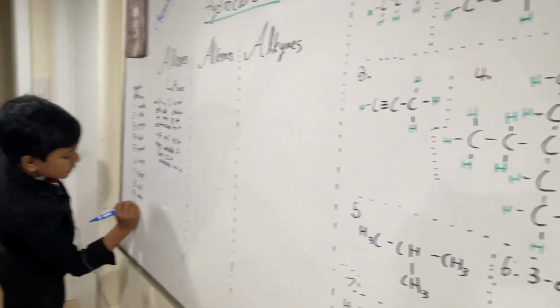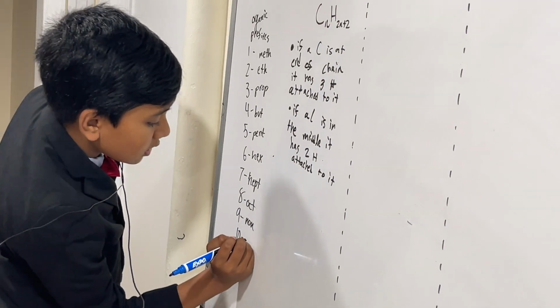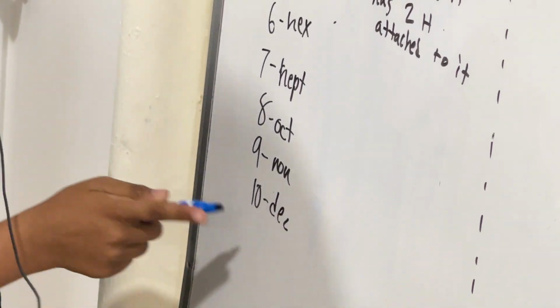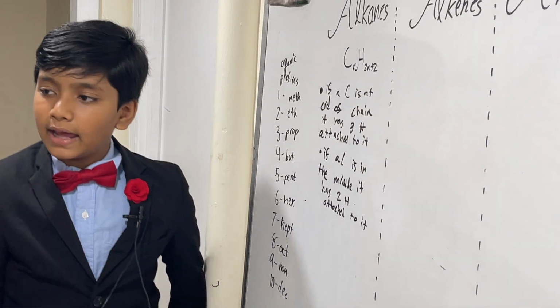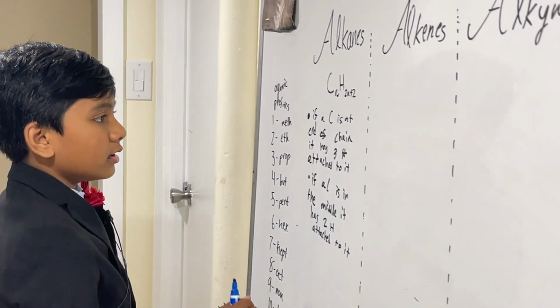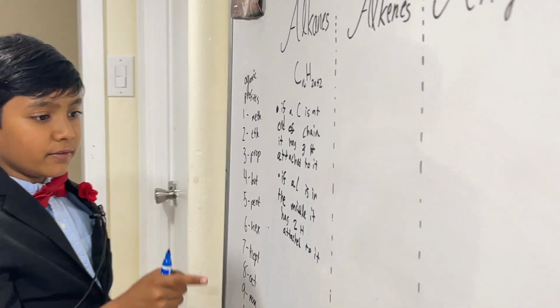Usually you won't see anything past hex, but sometimes you might see octane. You'll definitely not see nonane or decane in any normal problems though. So here are our organic prefixes.